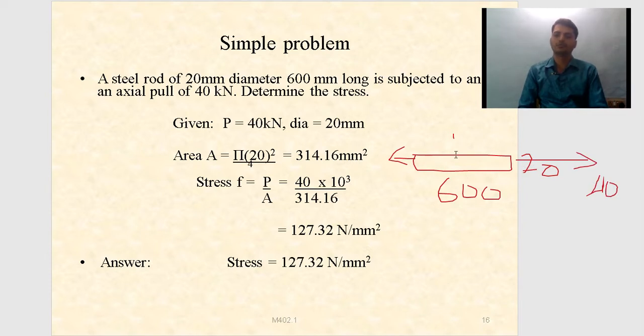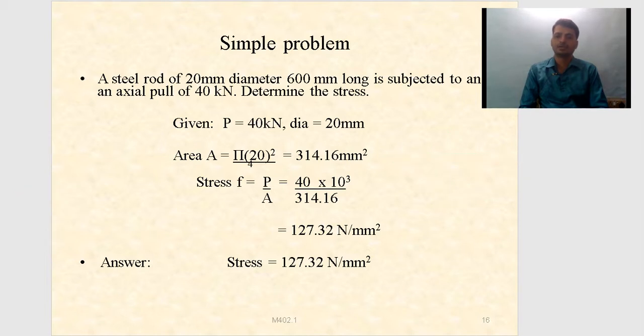So what do we have to know? We have to calculate the stress. We already know the formula: stress is load by area. So forget about the formula, just remember what load we are given and at what area. Load is 40 kilonewtons and we need to calculate the area. The area of a rod is circular. If it is given in diameter, it is a circular section.